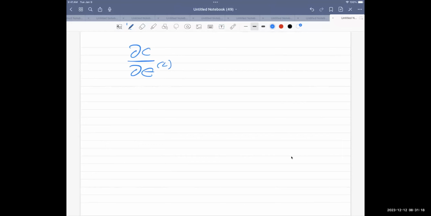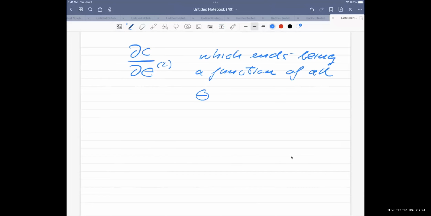And this is obviously a function of all the previous values, which ends up being a function of all theta values. So we would have the first layer, the second layer, and so on to the final layer here.